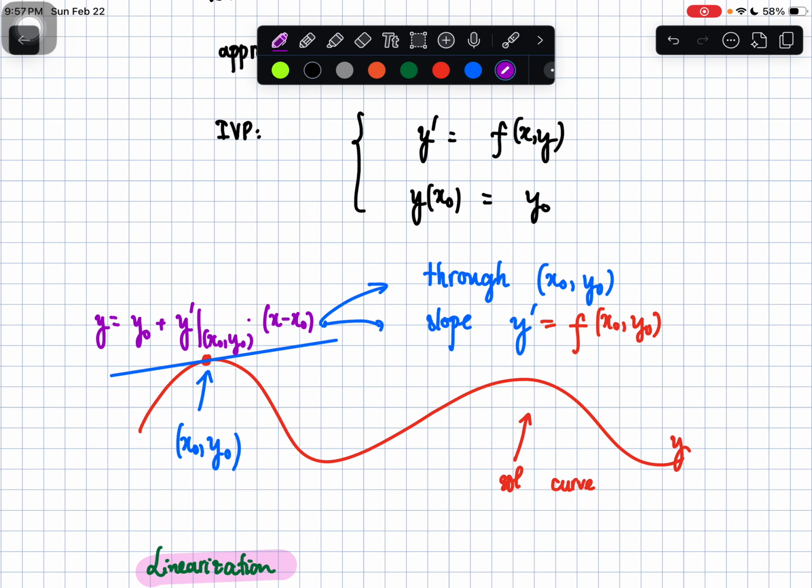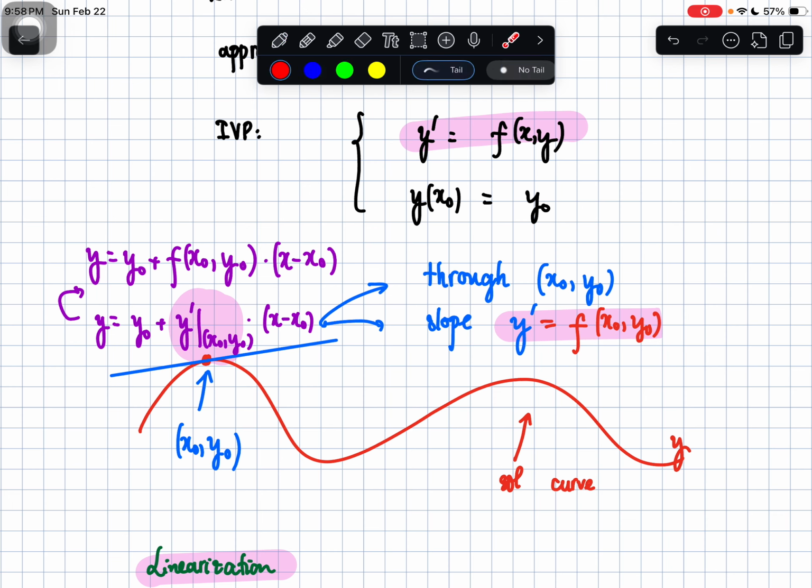So I write it better here: y equals y0 plus this slope, f(x0, y0), times (x minus x0). Every point living on this blue line satisfies this equation.